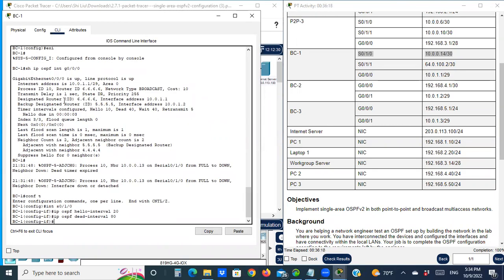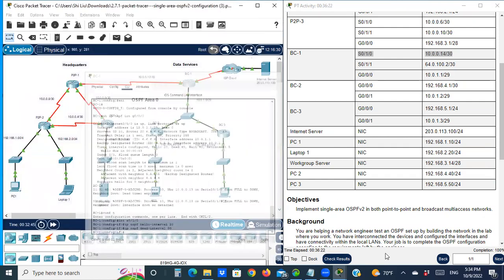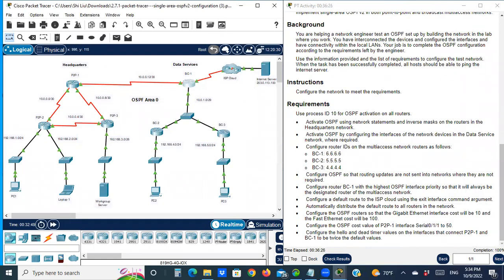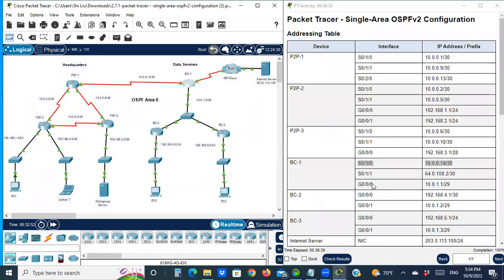All right, so we finished. Here the completion is 100%, which means we are successful.